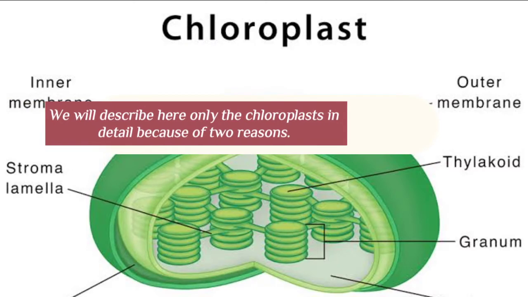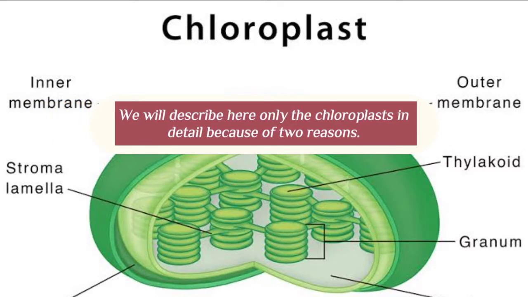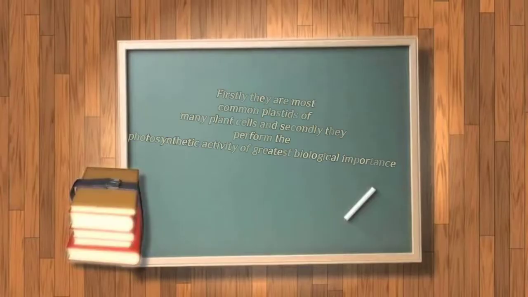Chloroplasts. We will describe here only the chloroplasts in detail because of two reasons. Firstly, they are the most common plastids of many plant cells, and secondly, they perform photosynthetic activity of greatest biological importance.